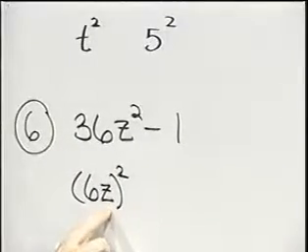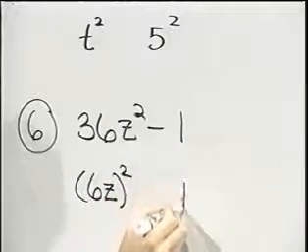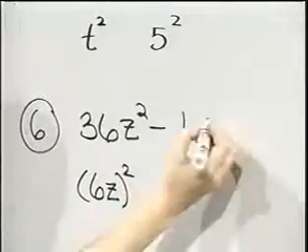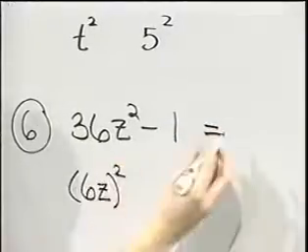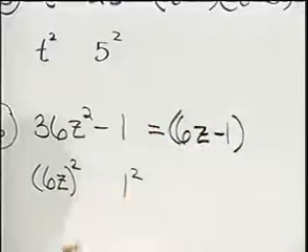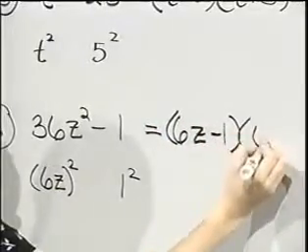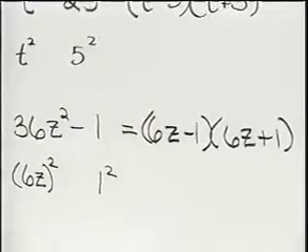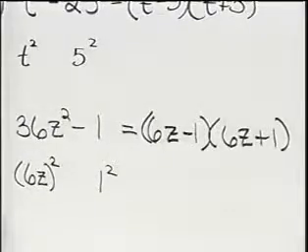And this one can be written as 1 squared. And so this will in fact factor as 6z minus 1 times 6z plus 1. And that's a difference of squares there.